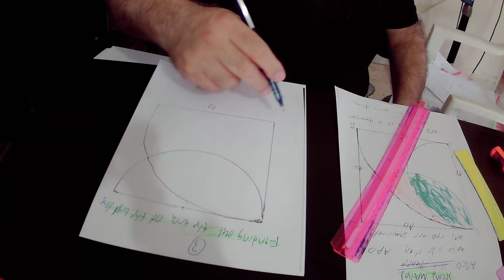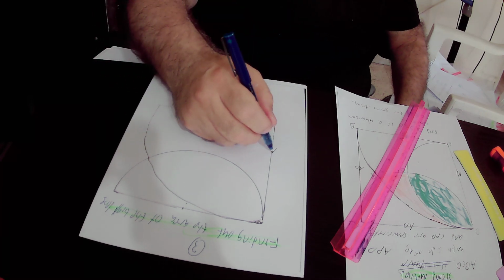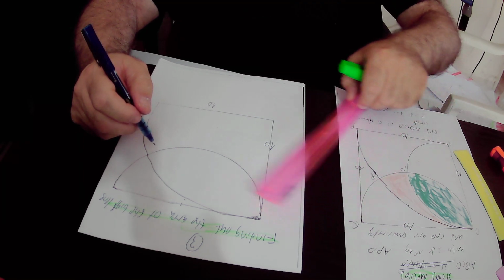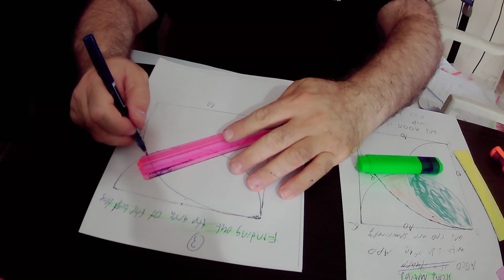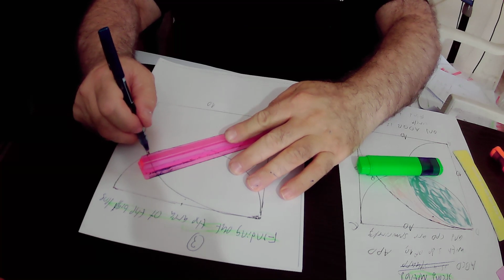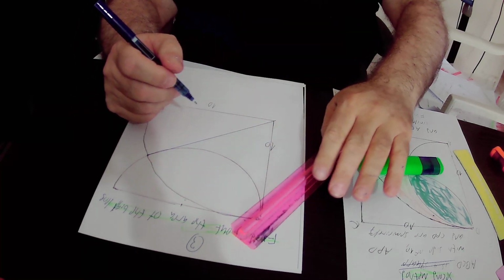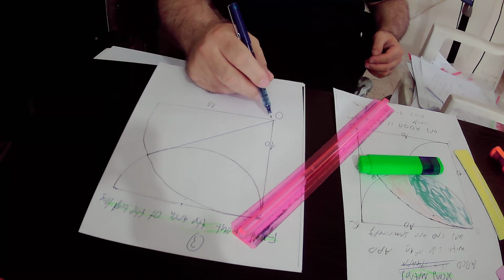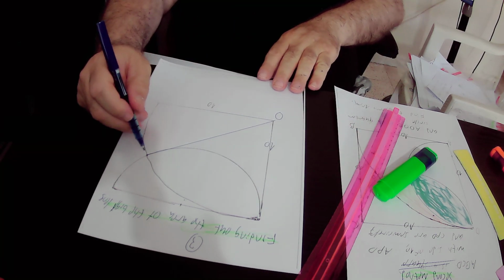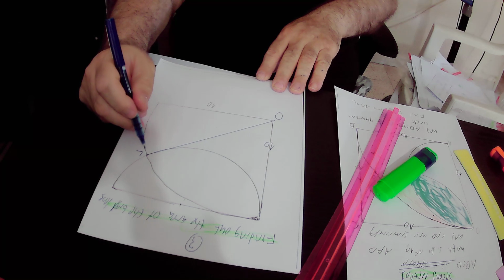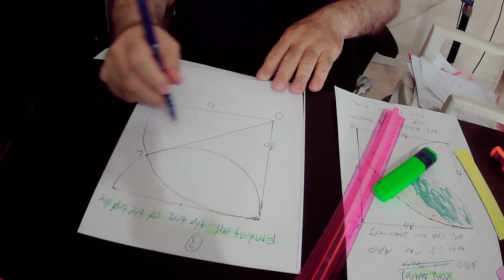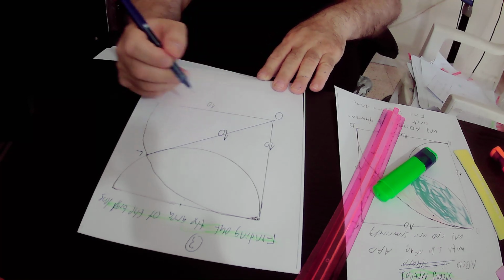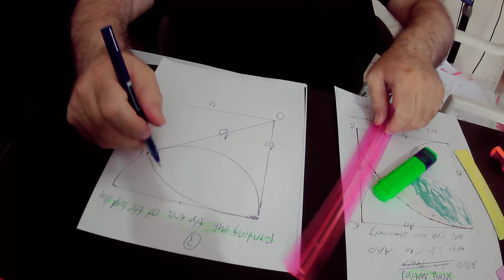This is the radius of the quarter circle that is equal to 10 units. Here point O is the center of the quarter circle. Point L is the point on the quarter circle itself. That is to say, OL is the radius of this quarter circle that is equal to 10 units.